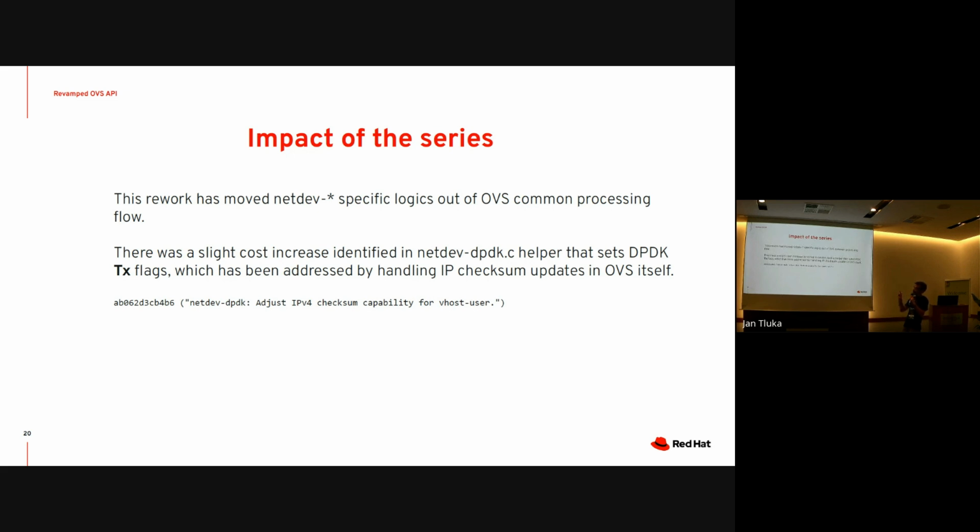So we implemented a little optimization for just the IP checksum stuff. And thanks to this, we actually got better performance overall when not touching the packet at all, which was interesting, because initially the series was more about maintenance and getting something easy to read and not really about performance. But still, we had a little enhancement.